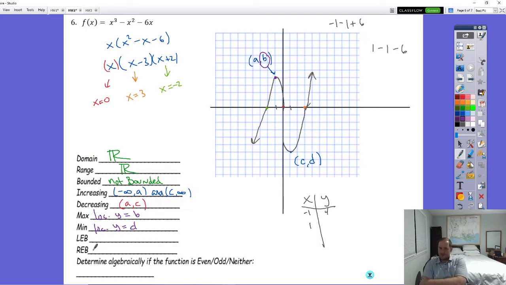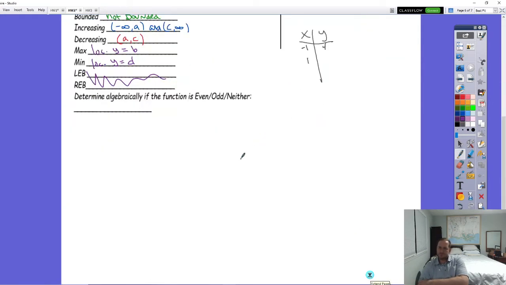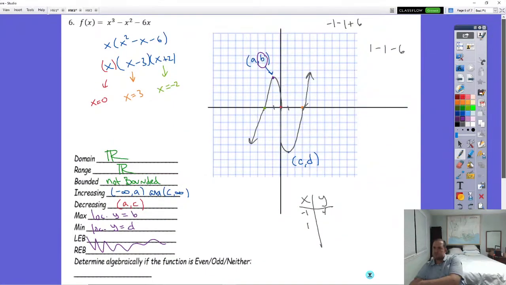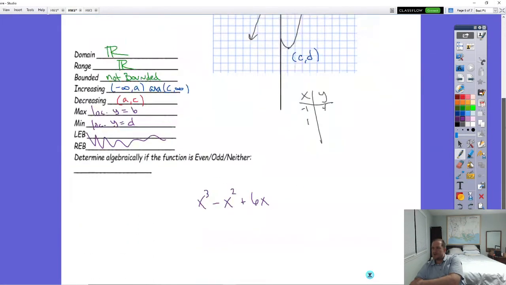Alright, looking good. Our graph is pretty clearly not even or odd, so I don't feel like doing it, but I'll do the algebra. x cubed minus x squared minus 6x. Is that right? Nope, all minuses.